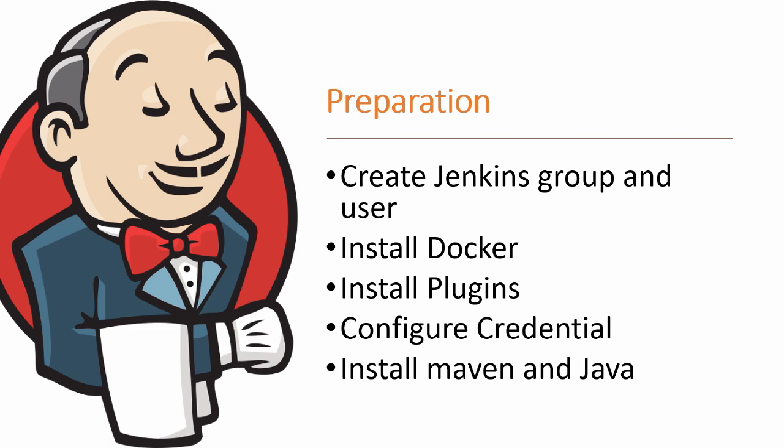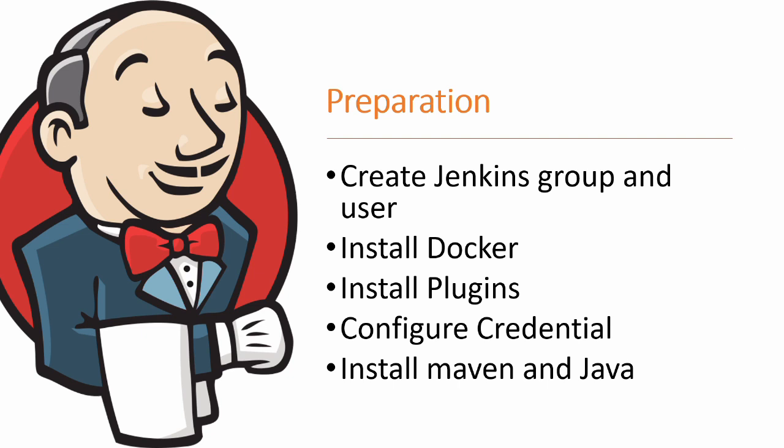It also has a group with the same name and the same ID. So I'll create a Jenkins user on the host VM so that I can map the same user inside the Docker container. I have to do that because I'll share a host file system with the Docker container.